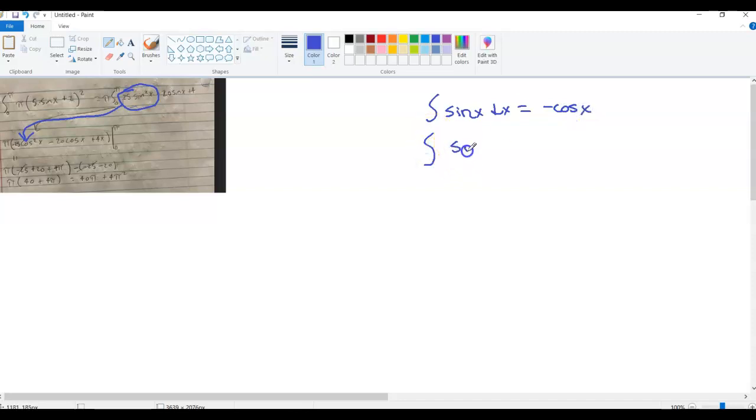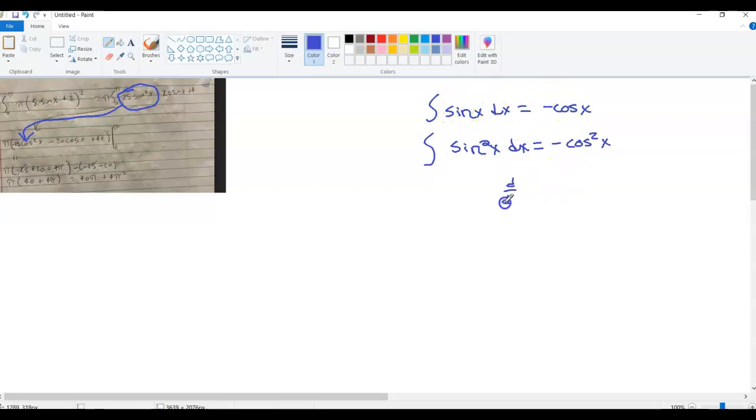However, you said that the antiderivative of sine squared is negative cosine squared, and that's not true. To see that's not true, just like here you take the derivative of negative cosine, you get sine.